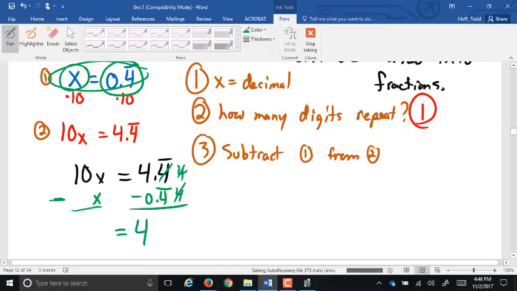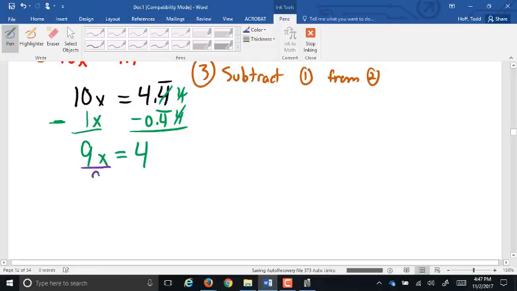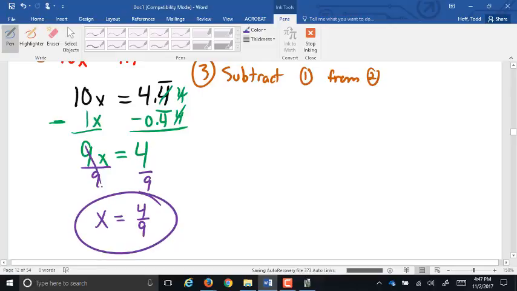So 10x minus x is 9x. So then, to solve for x, we're going to divide by 9. x equals, now I'm just going to reduce this as a fraction. 4 divided by 9 is just 4/9. 4/9 is the same as 0.4 repeating.